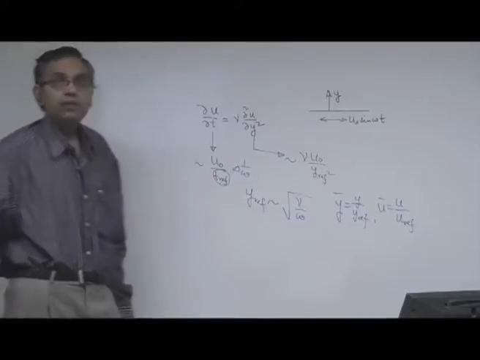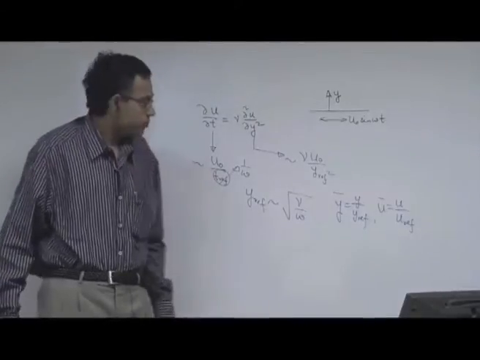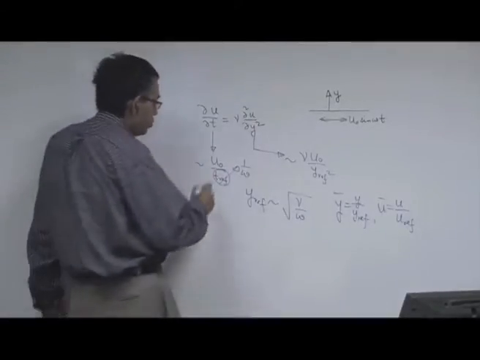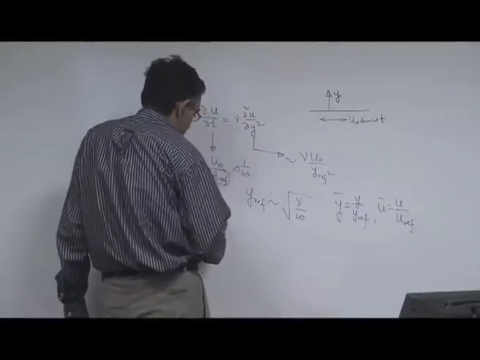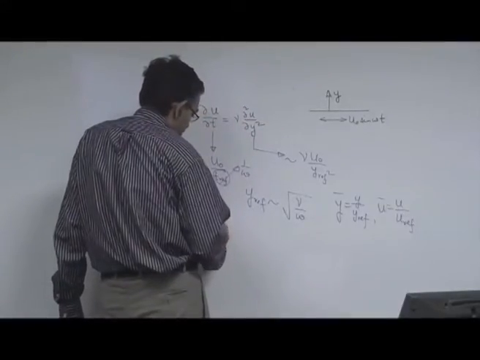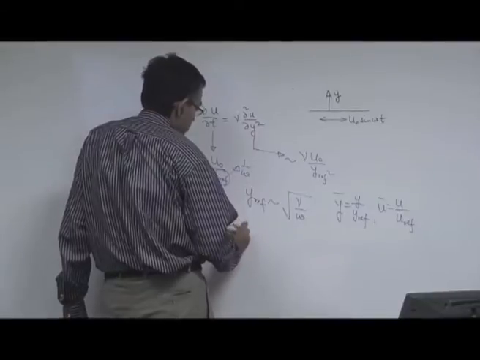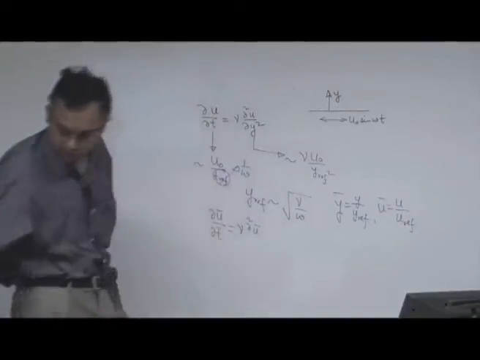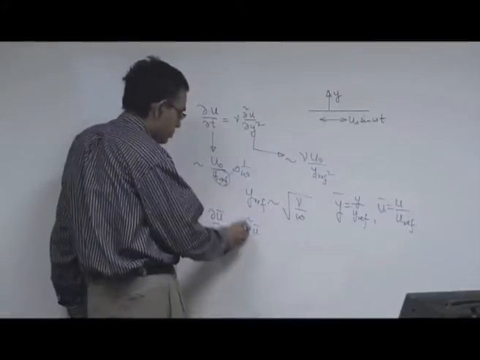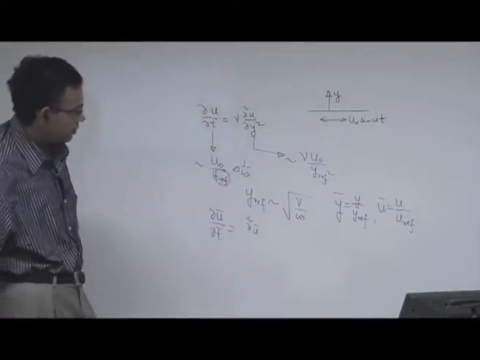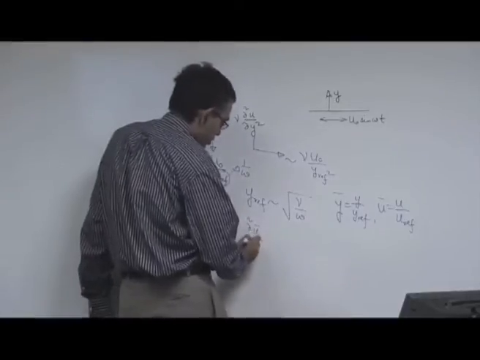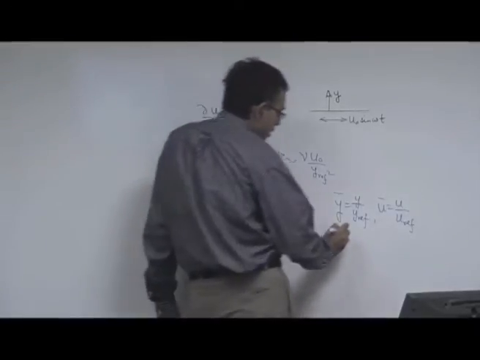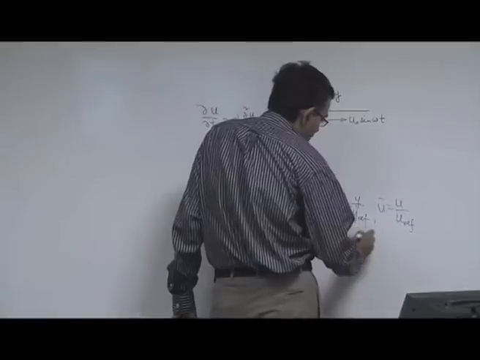If you keep these scales, then you are left with the equation, where t bar is omega t.